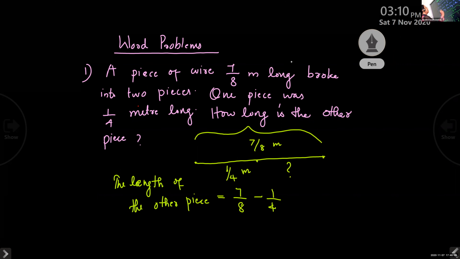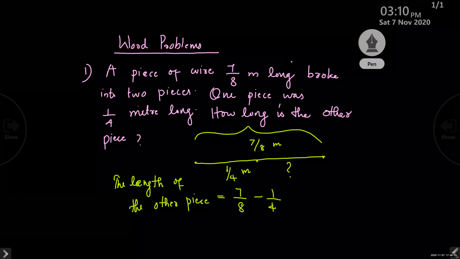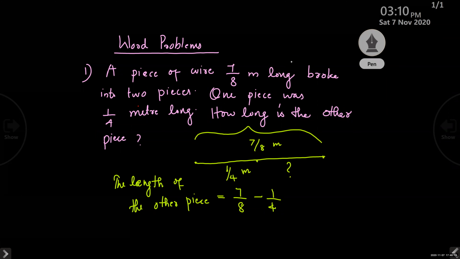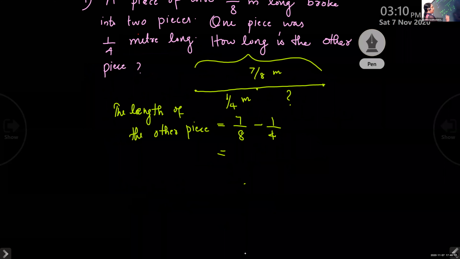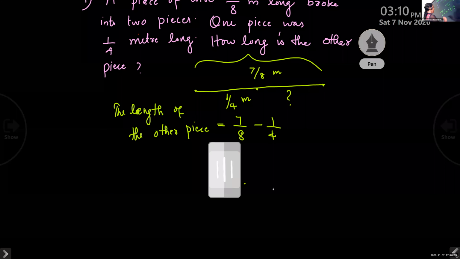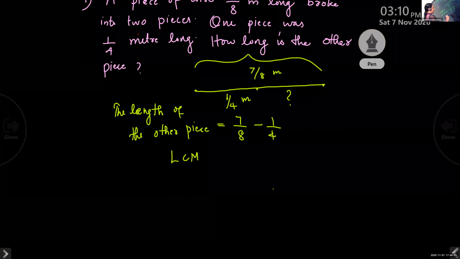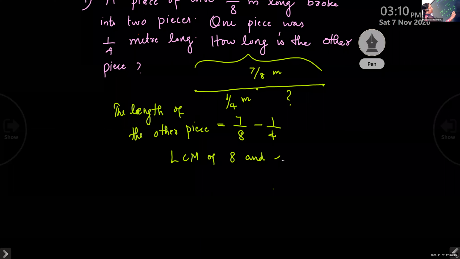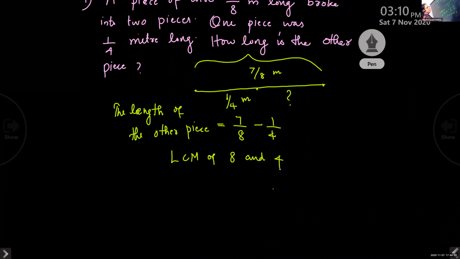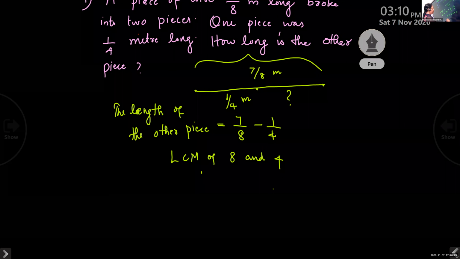Okay. Now we'll try 7 by 8 minus 1 by 4. We have to find the LCM of 8 and 4. One number is a factor of the other, right? So the LCM is 8.